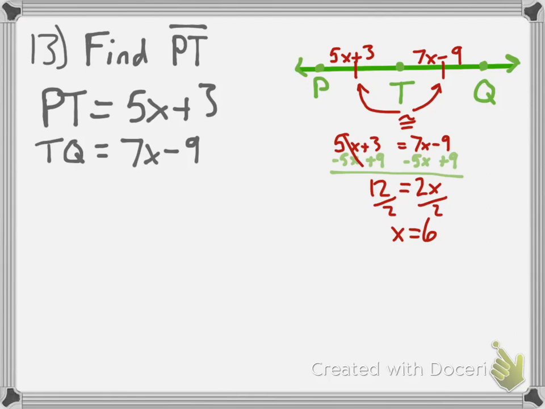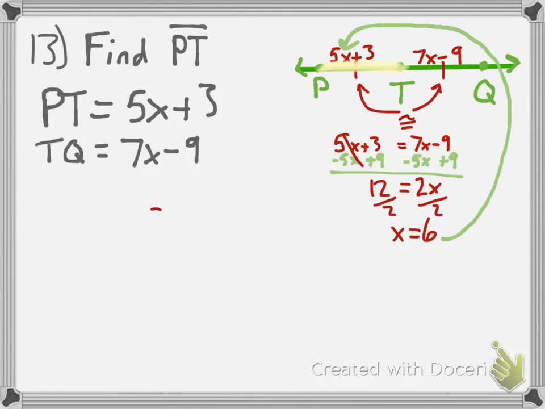Now, x is 6, but that doesn't tell us the length from P to T. To find the length from P to T, we need to take the 6 and plug it back in way up here for x. Okay, we know PT is 5x plus 3, so now let's rewrite our equation plugging it in.